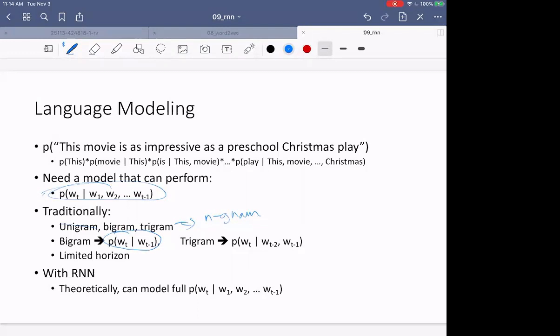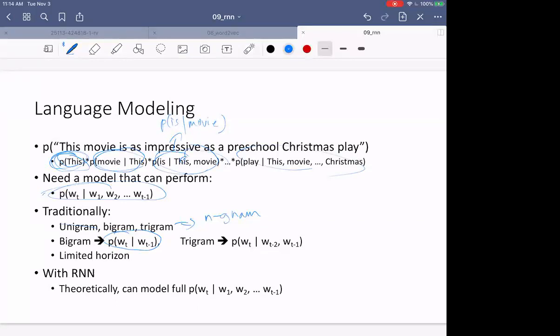So if we are to use bigram, then all these terms will be transformed. The first is a special case because there is no previous word, so it is treated differently. But this is okay. This is transformed into P of is given movie only, because bigram assumes that the current word probability is determined by the immediate previous word.